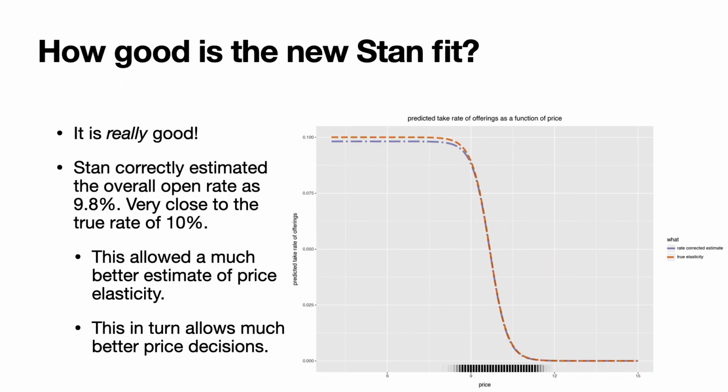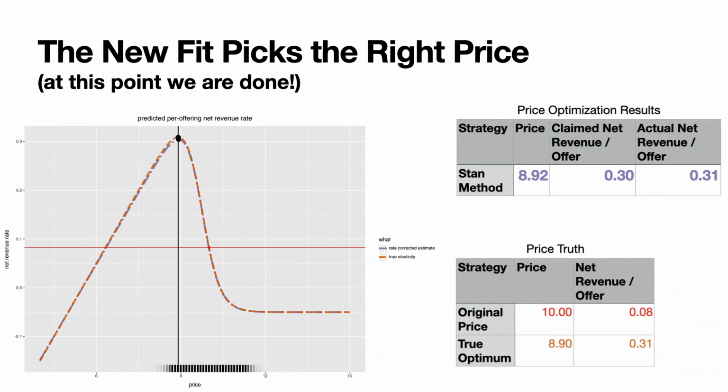Stan correctly estimated the overall opening rate as 9.8%, which is very close to the actual 10%. It got the joke. Now, when we go to use this estimate, it picks a price of 89.2, which is very close to the optimal price of 89, and it predicts a revenue of 30 cents per offer for itself, and that actually turns out to be, it realizes 31 cents, essentially indistinguishable from the optimal solution for this data set.